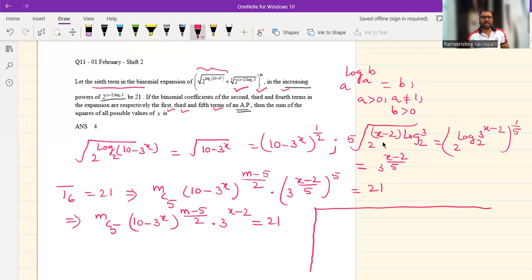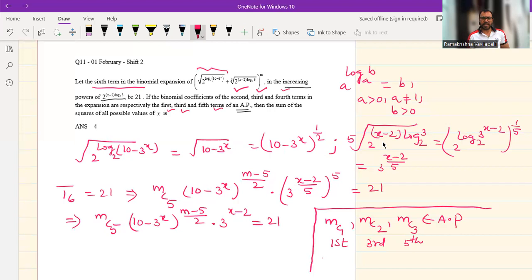The coefficient in the second term is mC1, the third term mC2, and the fourth term mC3, right? These are in AP. And in the AP they have given the first, third, and fifth terms. So this is the first term, this is the third term, and this is the fifth term.